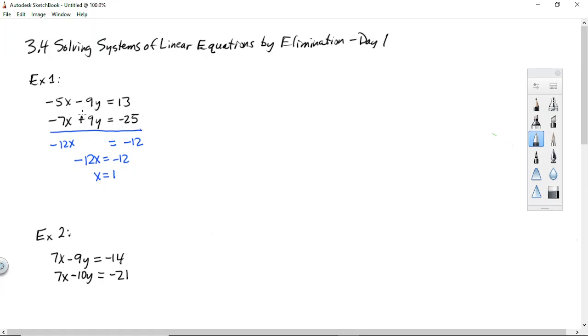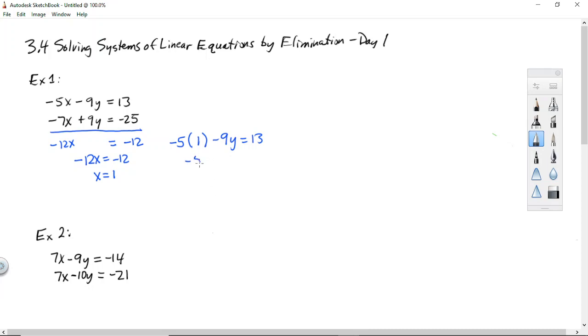We can take that and plug it in for x in either one of these equations and then solve for y. So let's just use the first one. That's negative 5, and I'll just write parentheses for the x, minus 9y. We're not plugging anything in for y, of course. We're going to solve for that. Equals 13. So x is 1, so we plug it in for x right there.